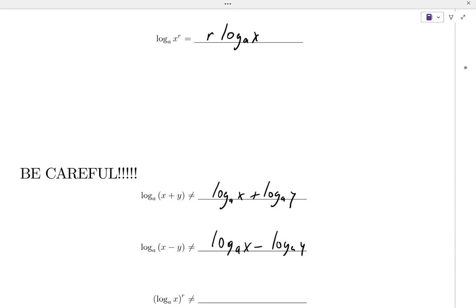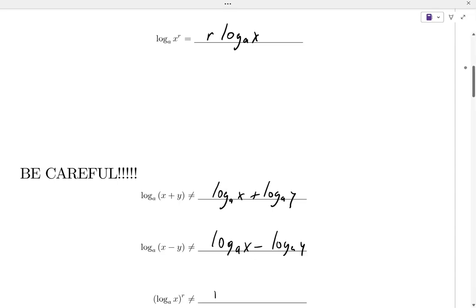Now the last one looks a little bit weird. Compare it to what I have at the top of the screen. At the top of the screen, what does the exponent of r apply to? Just the x, right? At the bottom of the screen, the r applies to the whole thing. Those are different, right? So in this case, you're not allowed to bring that r down in front. Okay.